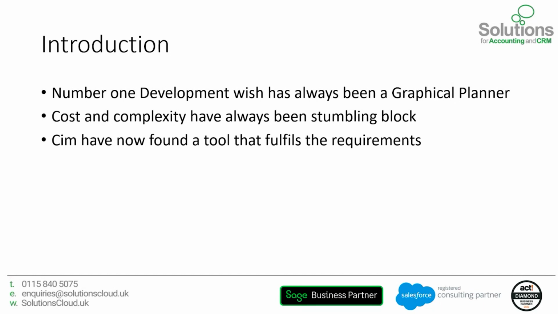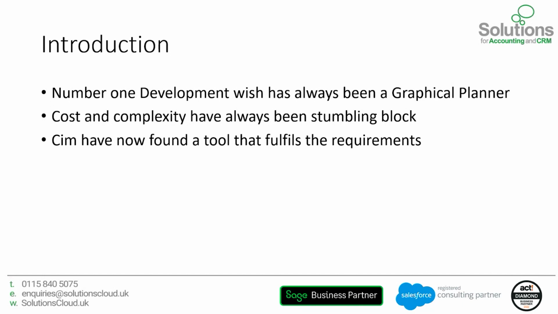So what Cim have been able to identify is a tool that they can add into the system, a development tool that they found that they can link to Sage 200 and Cim200, and it gives them the ability to graphically demonstrate the works orders and processes.